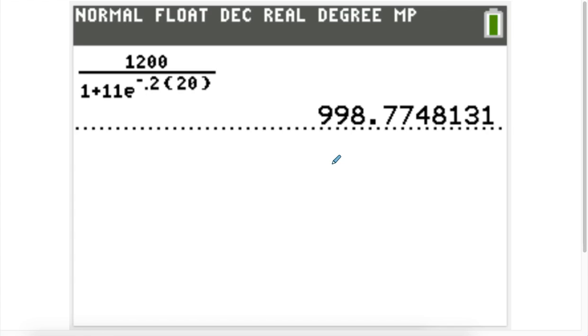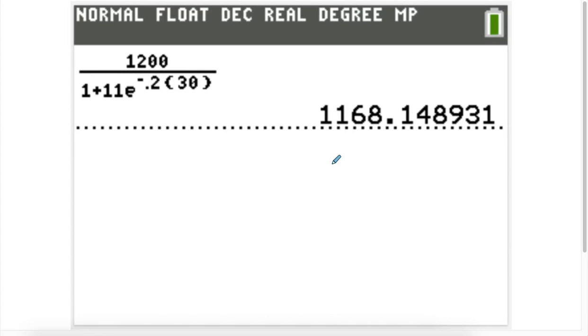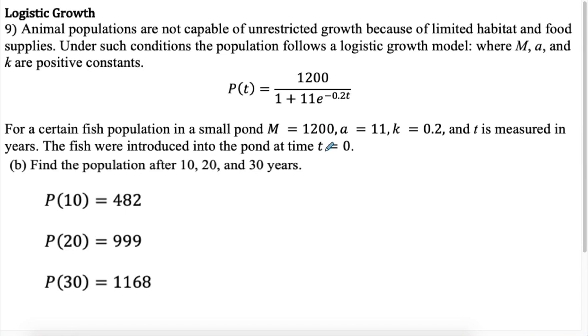And again, we can round to the nearest whole number, so we can say about 999 fish. And then finally, if I plug in 30, I'm going to get 1,168. And again, just round that to the nearest whole number since we're talking about fish. Right? So these would be our number of fish after 10, 20, and 30 years.